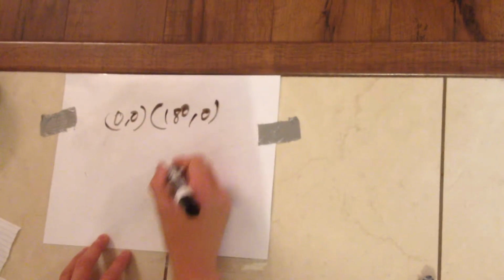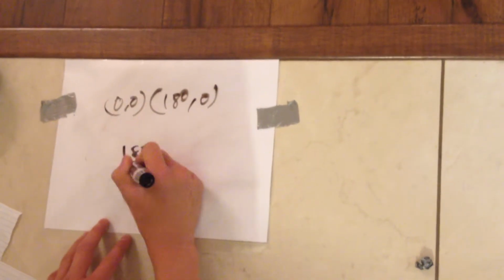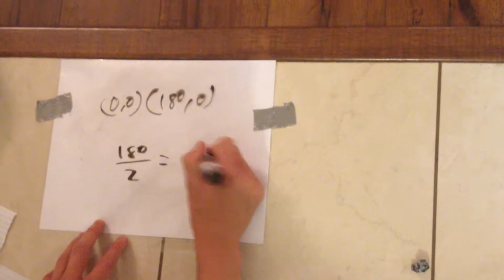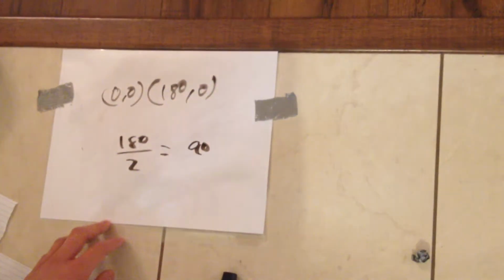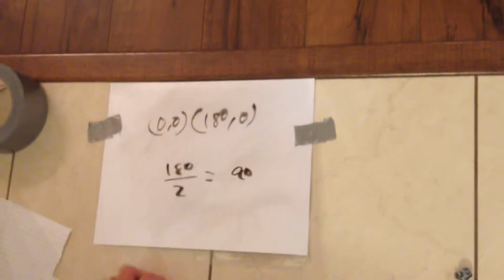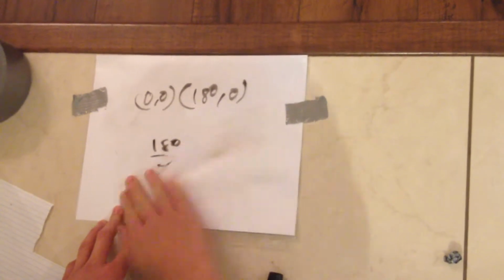Now you need the vertex. To get the vertex, take half of the longer root, which is 90, and put your catapult that many inches away from the wall. And now I'm going to show you that.